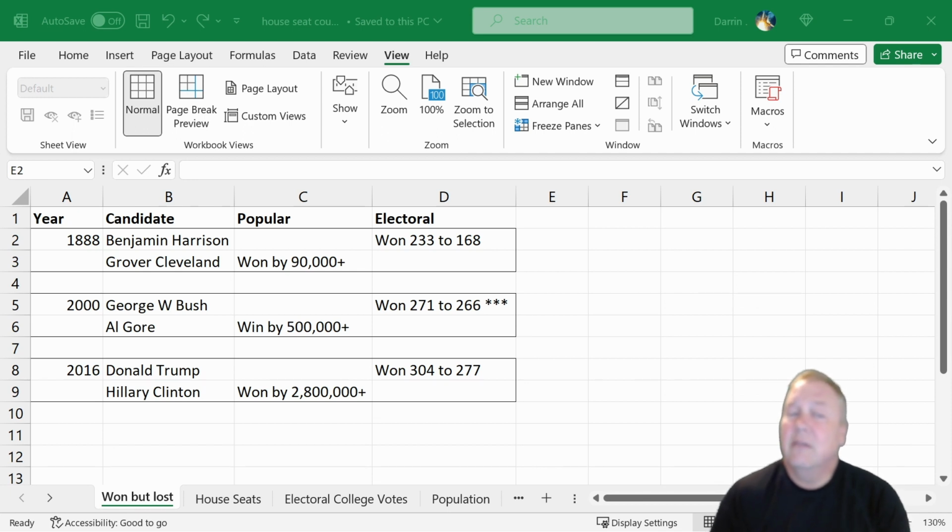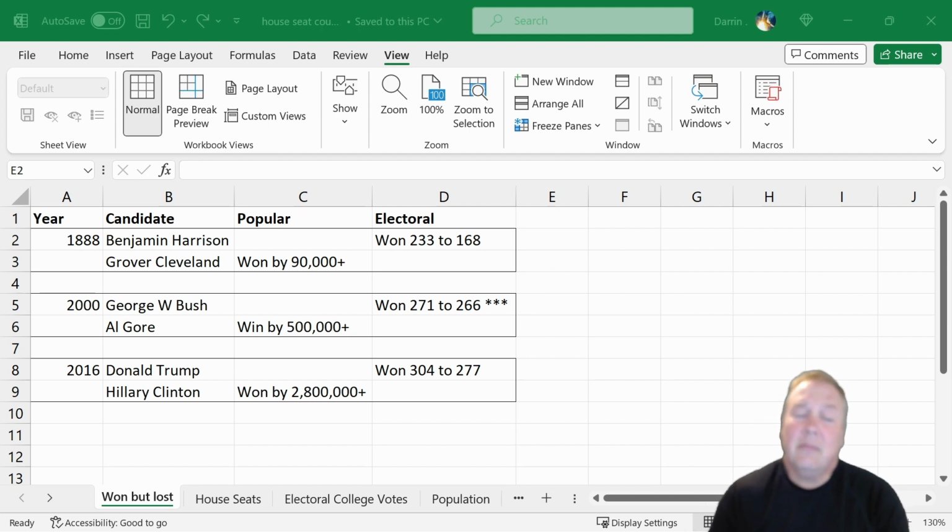If you don't remember that election, if you were around at the time, you remember it. There were some issues in Florida, and the Supreme Court ended up pretty much deciding the election rather than the actual votes. Then in 2016, Donald Trump lost the popular vote by more than 2.8 million votes, but won the electoral vote 304 to 277, and he became president.